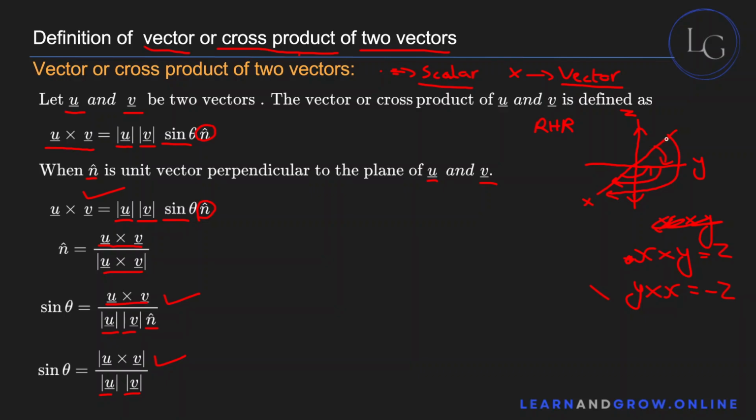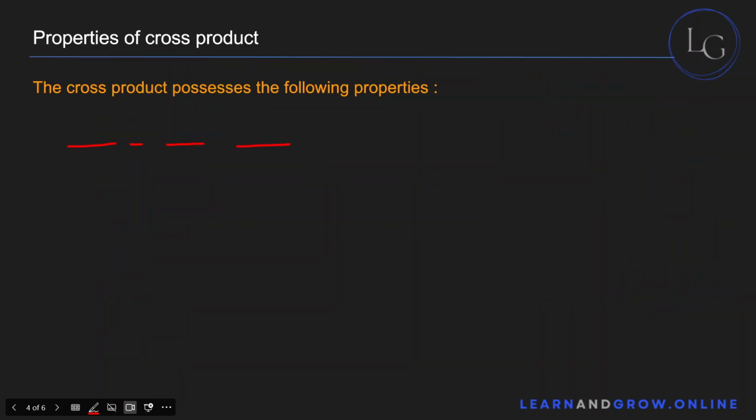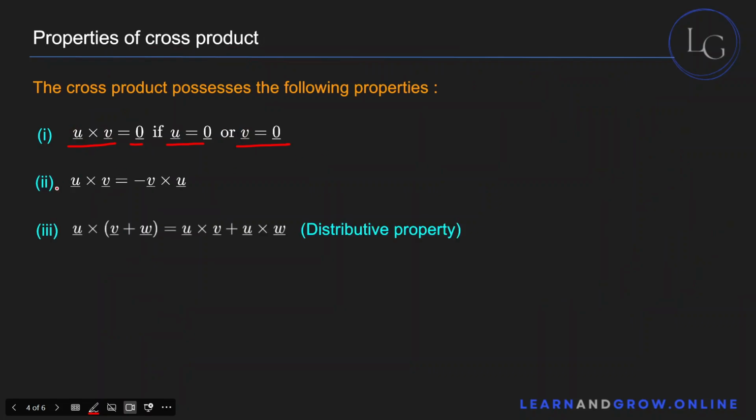The clockwise direction if you look from above. So negative x cross y is equal to y cross x, which is equal to negative z, and that is what this property is. U cross v is equal to negative v cross u.